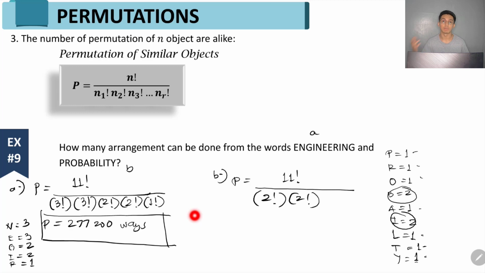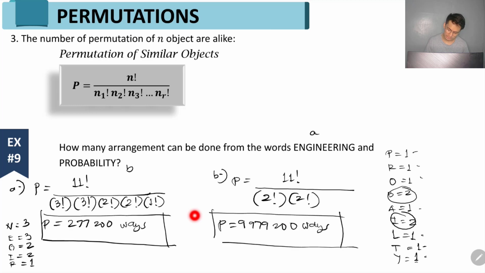Same answer lang makukuha natin kahit ilagay natin yung mga 1. 9,979,200 ways. Same with letter A sa engineering na word natin. Kahit tanggalin natin itong isang 1, yan pa rin yung makukuha natin na answer.